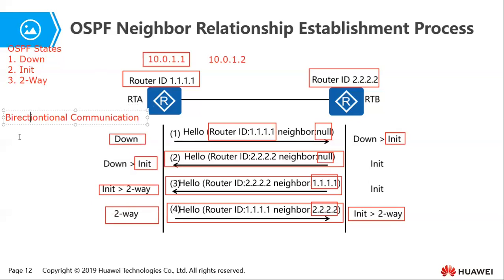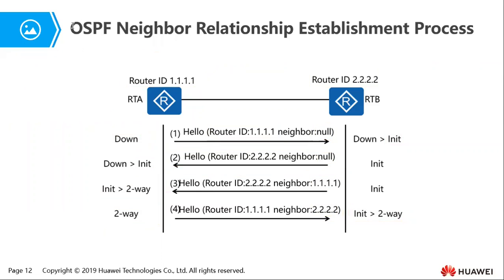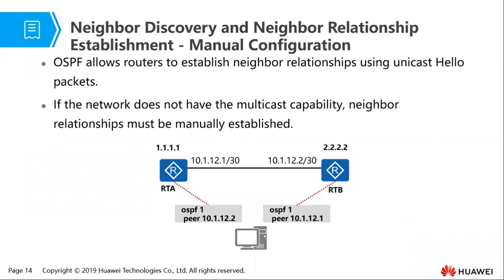So it's only on two-way state that you can achieve bidirectional communication, because you know this neighbor and the neighbor also knows you, so you can be able to start communicating. Otherwise, at the init state, you cannot do bidirectional communication with your neighbor. Okay. So that is it about the neighbor establishment process. Let's look at the next one, the neighbor discovery.